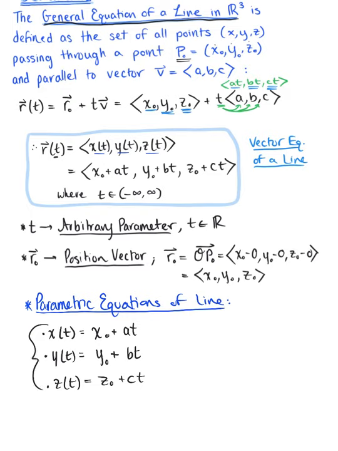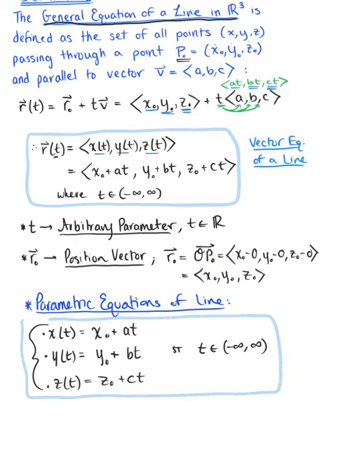These three equations are the parametric equations of the line, such that t is any real number from negative infinity to infinity. Now, if we had a line segment, we would need to be more careful with our bounds, as we will see shortly. But first, let's look at an illustration of this line so we can better appreciate what's going on, and then we'll jump into some examples.